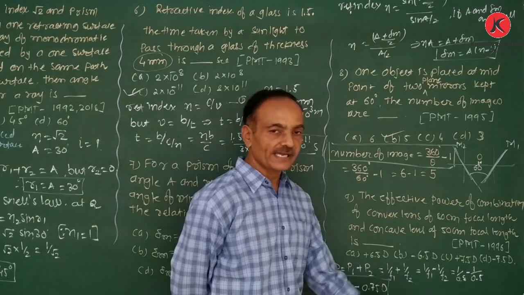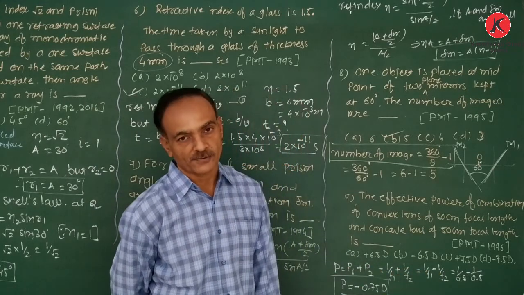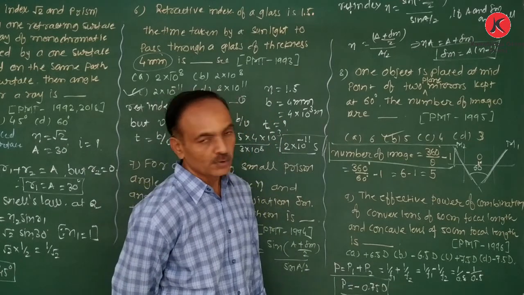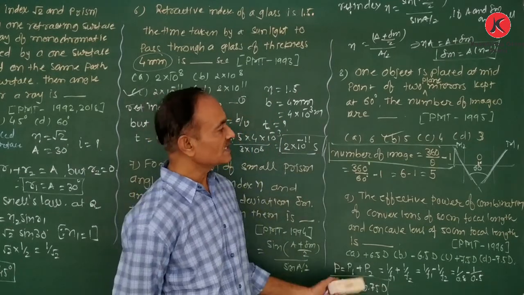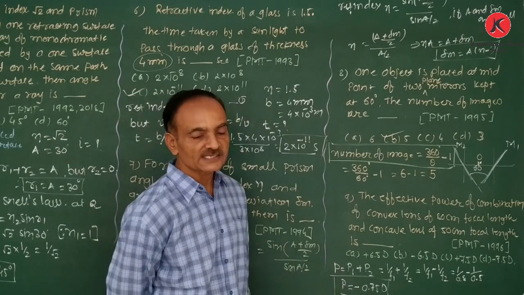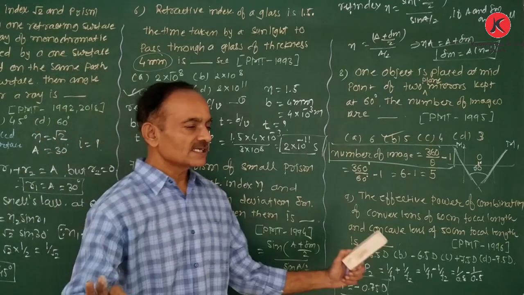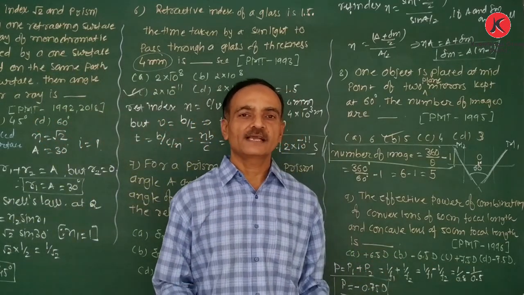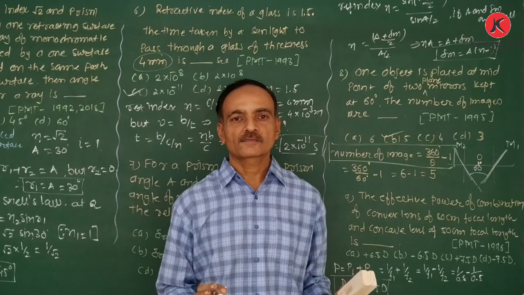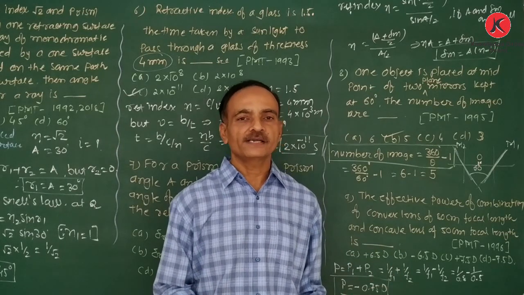But for the concave, focal length is negative. Therefore, 1 upon f1 minus 1 upon f2. Here we substitute the values and obtain the power of this combination of two lenses. So power is minus 0.75 diopter. Clear it? Okay. Later, write this numerical with the question in a separate notebook, so at the time of preparation you can easily refer to it, right?